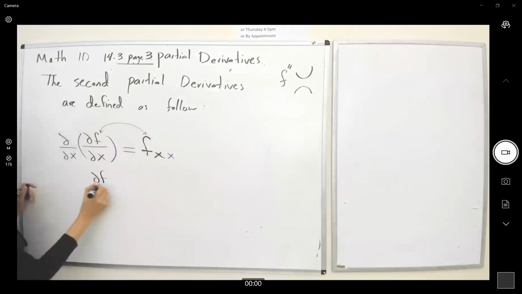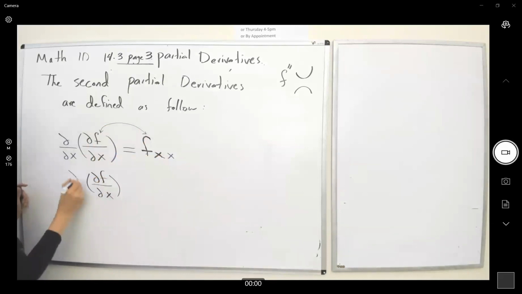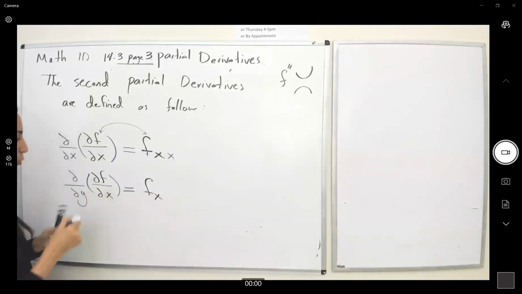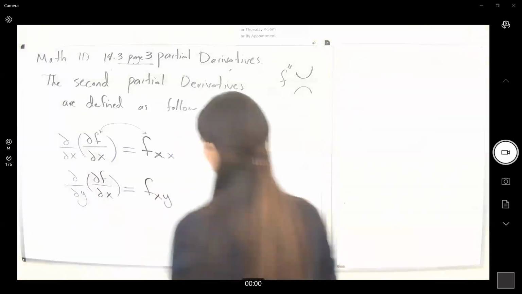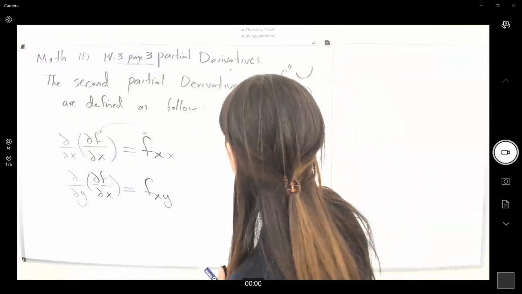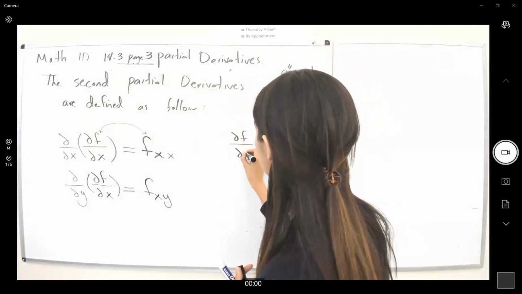If you have the partial derivative of f with respect to x, and take the second partial derivative with respect to y, of course, why not? Which is equal to f of x, which is the inside function. Now you take the partial derivative with respect to y. We can continue this process. Suppose you have the partial derivative of the function with respect to y.